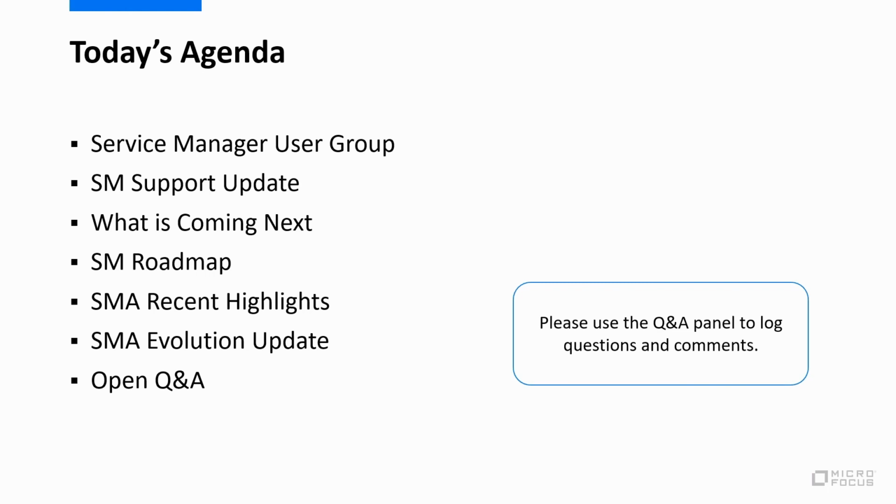Afterwards, I also want to share some long-term roadmap in Source Manager, and also give you a heads up about the recent highlights in the SMA release, especially around the May release.